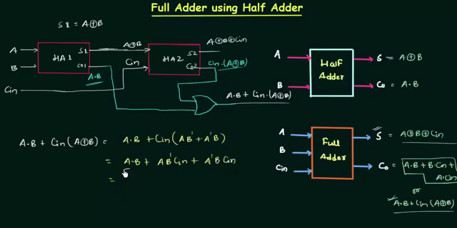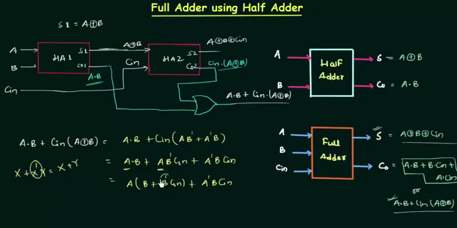Let's take A common from the first two minterms, and we will have A in bracket B or B complement Cin, A complement B Cin. We already know X or X complement Y is equal to X or Y. We will neglect this part.